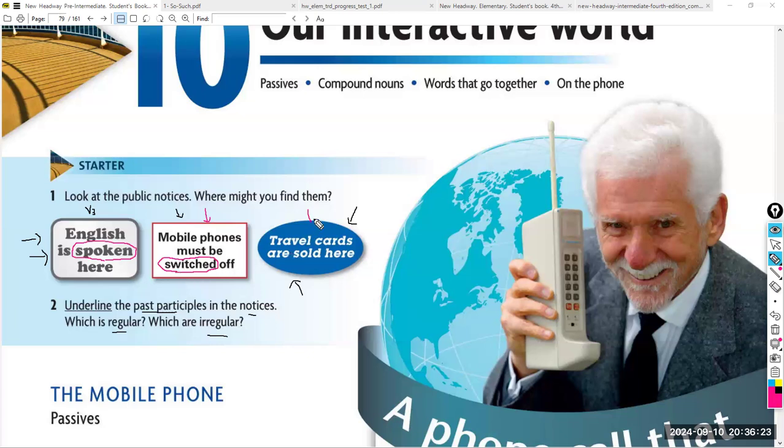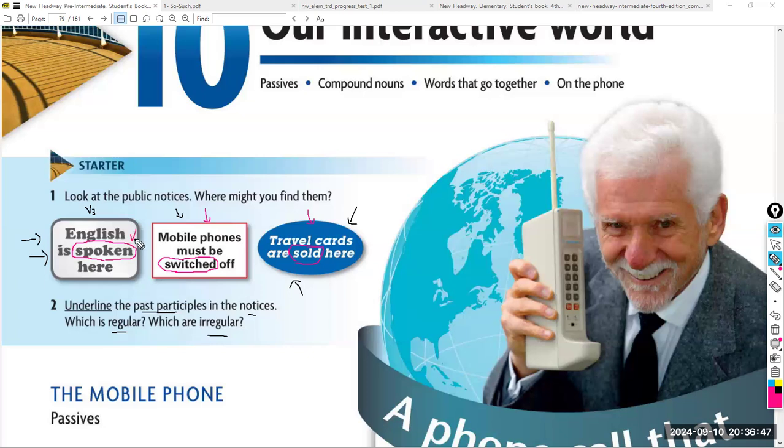Now where is the past participle in example number 3? Sold. It's sold. So this is the verb 3. Amazing. Now, what do you think?